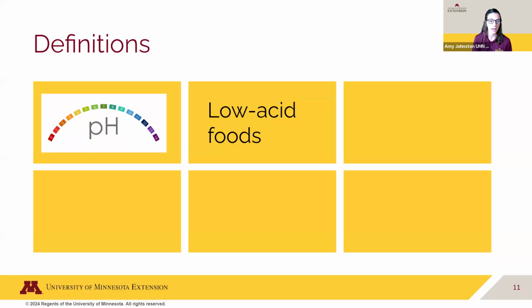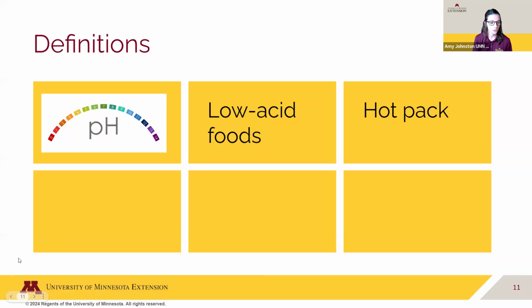The majority of pathogens that cause foodborne illness in humans cannot survive in acidic foods. But they can survive in low acid foods. So again, low acid foods have a pH of greater than 4.6, and acidic foods have a pH of 4.6 or less.